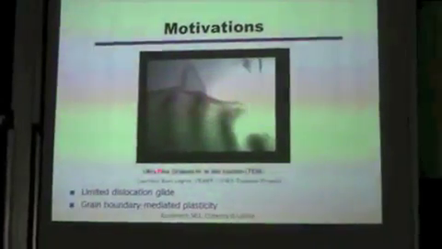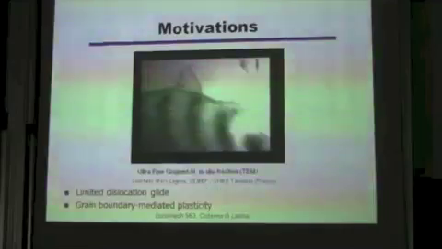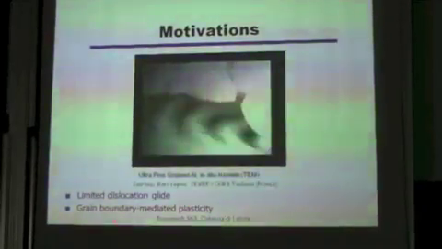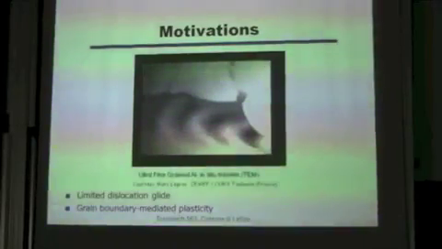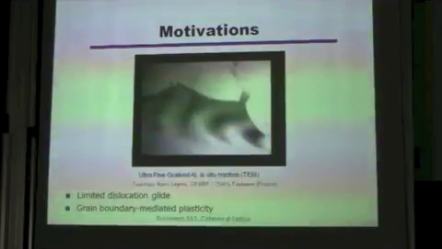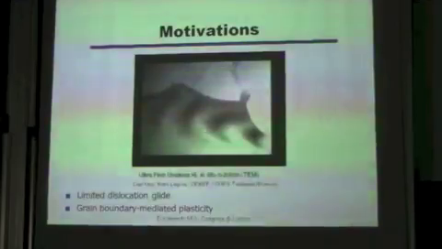And this was given by Marc Legault from Toulouse. For these ultrafine grain materials, dislocation glide is limited, and so plasticity occurs by other mechanisms, and essentially you can see here by grain boundary migration.